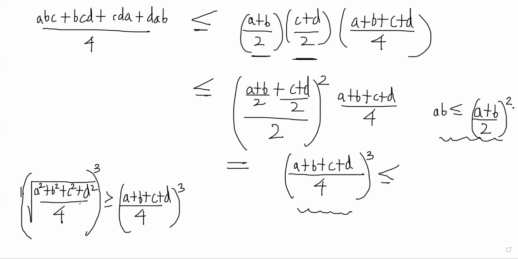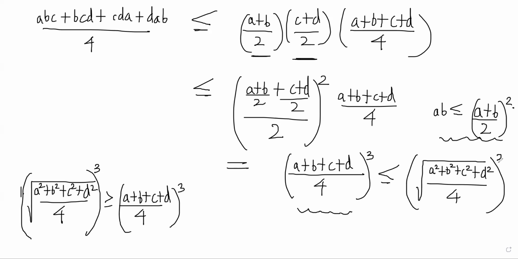So basically what I'm getting is the square root of (a square plus b square plus c square plus d square) by 4, whole cube, right? And this quantity is less than or equal to this, right? So how do I simplify this? What I can do is take power 1 by 3 on this side.